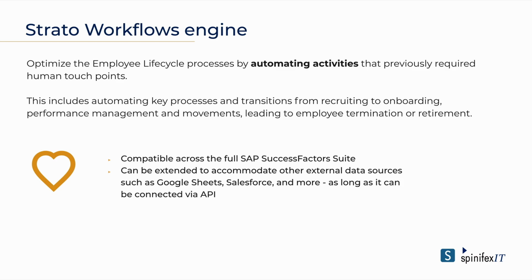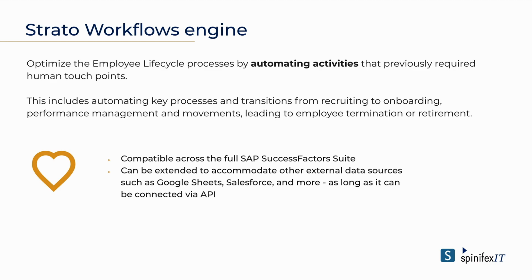Okay, so now I will go through the workflow engine. The workflow engine is really something that is bringing a lot of added value in terms of automating activities. In the past, you would have to have a lot of human touch points, such as when you wanted to extend a letter of offer to a candidate with Strato 113, you would have to go to the widget, find your candidates, select the candidates, then send the letter of offer through there.